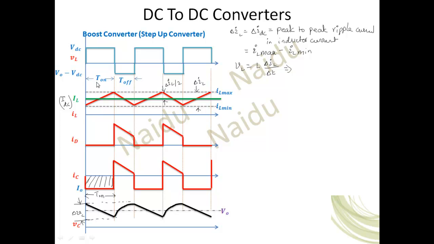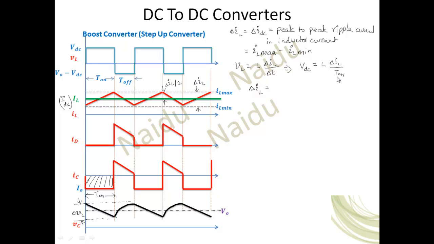But T on, if you look at that, what is the inductor voltage? VDC. So VDC equals L into delta IL, that is what we need to calculate, divided by delta T. Delta T is nothing but T on. So from this equation, what is delta IL? Delta IL equals VDC into T on.